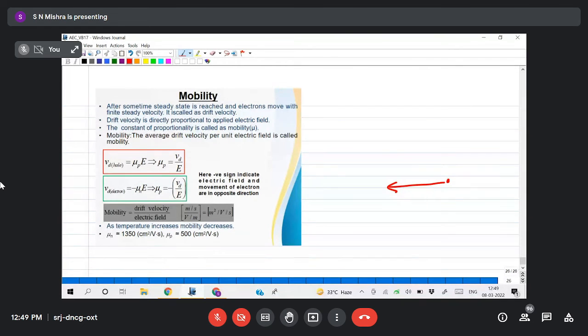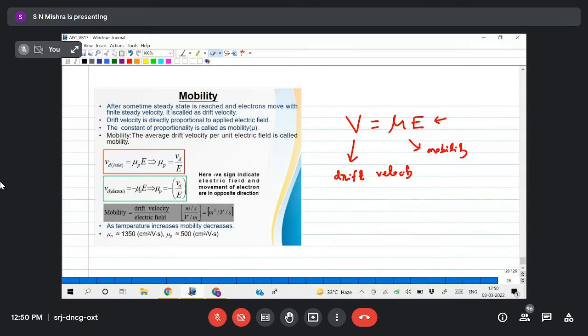In general, if you go to the definition, I think you know this formula, V equals mu E, where V is the drift velocity, mu is mobility, and E is the electric field.